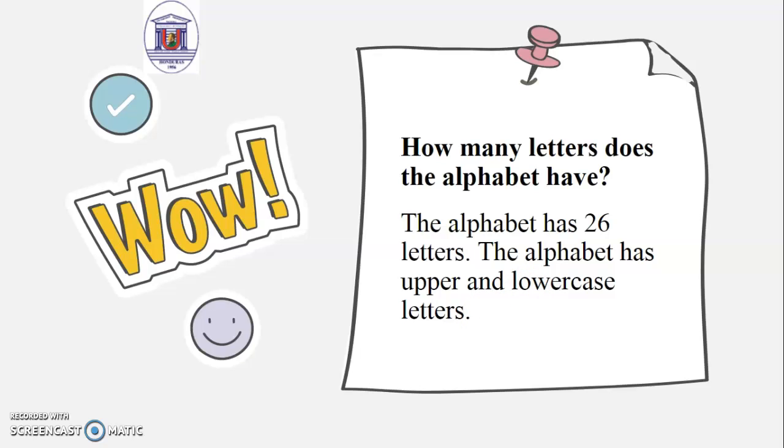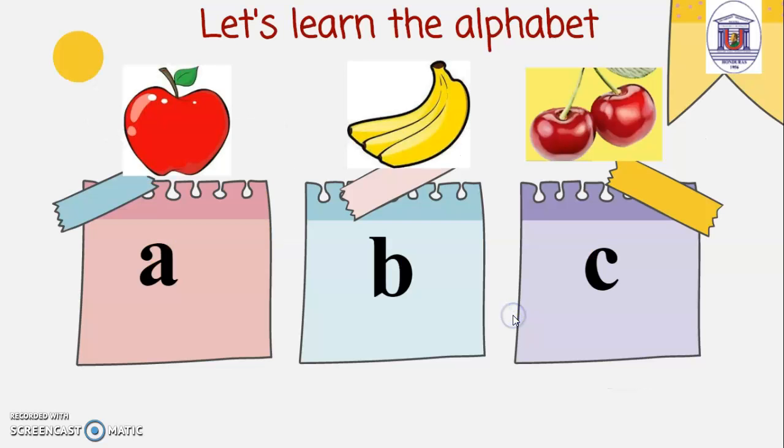How many letters does the alphabet have? 26 letters, great. And you can see in the alphabet upper and lowercase letters. But today, you are going to learn the lowercase letters. Let's learn the alphabet, guys.